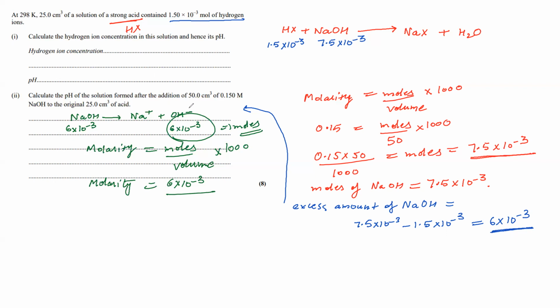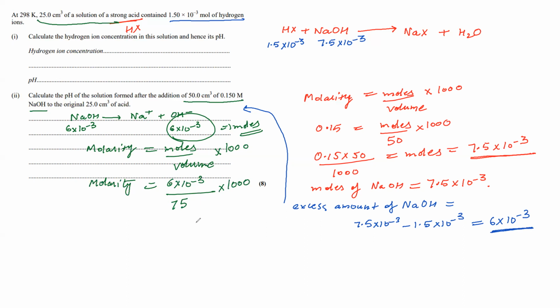Okay, so you have 25 ml of the strong acid and 50 cm³, or 50 ml, of NaOH. You have added the NaOH solution to the solution of acid, so the total volume would be 75. So 75 into 1000. I hope this is clear.